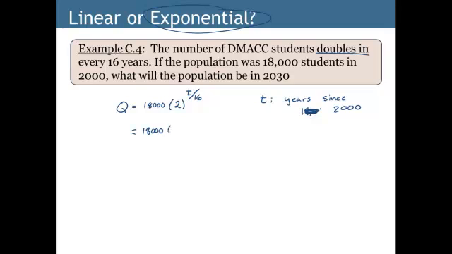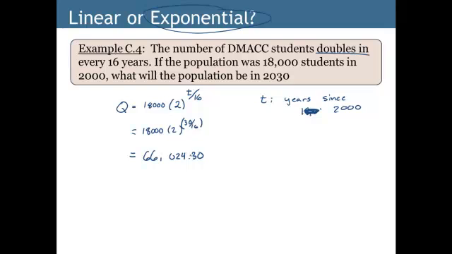So 18,000 times 2 to the t, and 2030 is 30 years after 2000. If you type that whole thing in your calculator, make sure the whole power is in parentheses. And what do we get? 66,024.30.